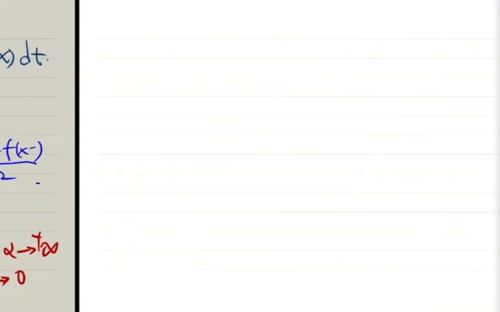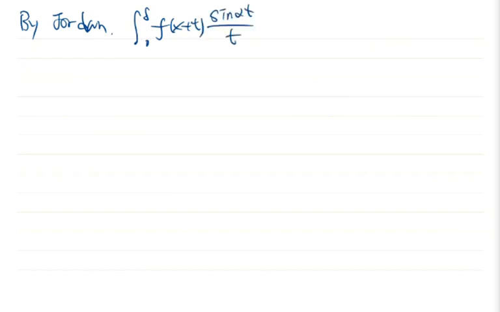To study the integral, we know that by the Jordan lemma, we just proved, the integral from 0 to delta of f(x+t) sine alpha t divided by t dt goes to pi over 2 times f(x+). Okay, this is by Jordan lemma.